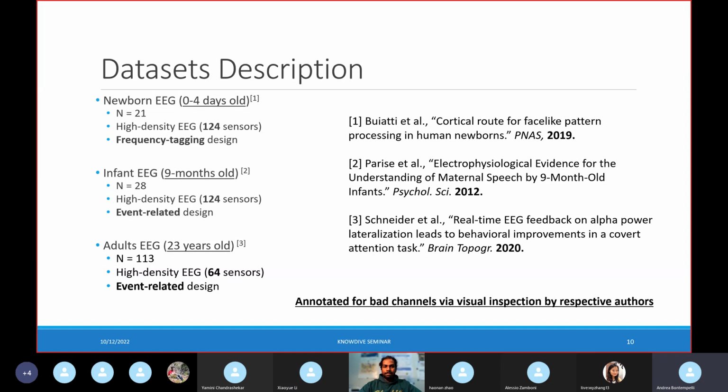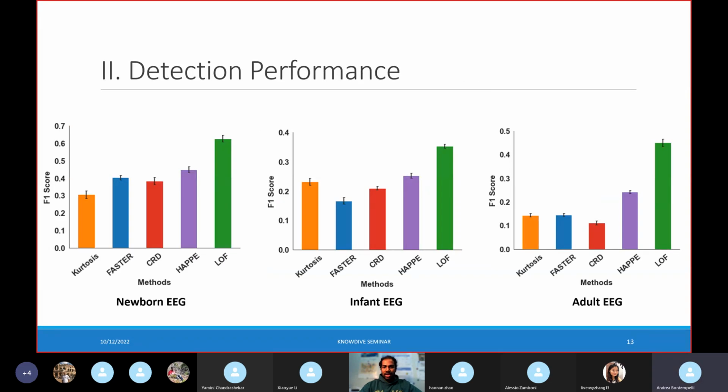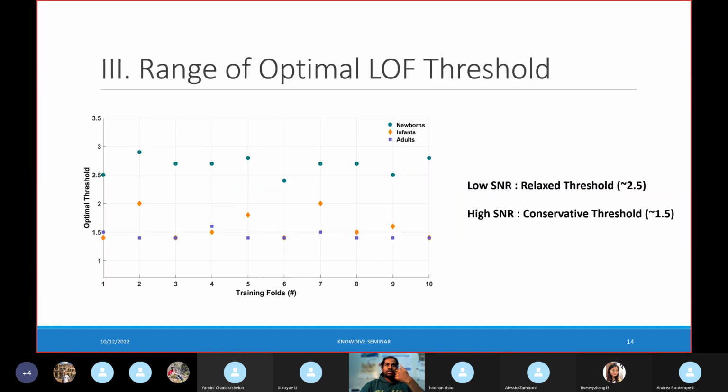Did you find some difference between newborns and adults in terms of the number of bad channels that you detect? I expect maybe in infants you have more bad channels, because they move. Yeah, but apparently, to my surprise, in all of these data sets, the ratio between good and bad is kind of similar, around 93 and 7. Since we also calibrate the LOF threshold, and we are using a very relaxed threshold for newborns, this balances out the number of bad channels.